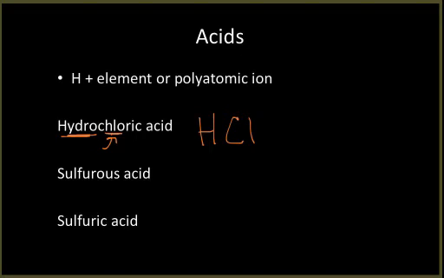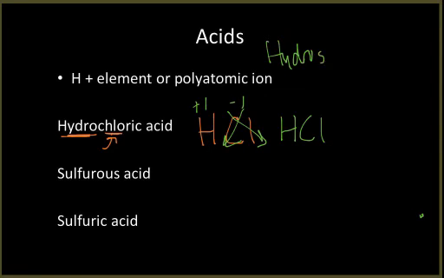Now you still need to worry about the charges. So you still have to go back and make sure that you look up and crisscross charges. Now most binary acids are just going to be 1 and 1 like that, but to give you an example of one that's not, if I have hydrosulfuric acid, hydrosulfuric still starts with an H, sulfuric comes from sulfur.